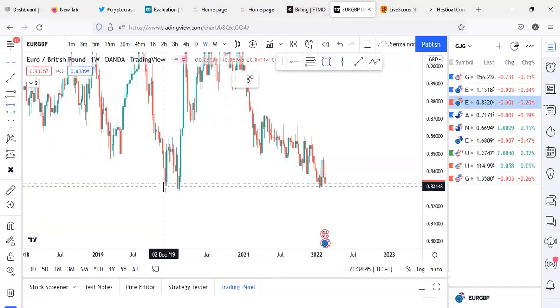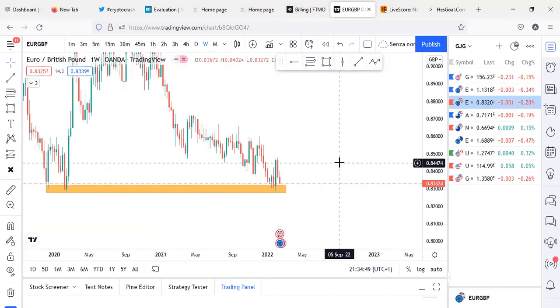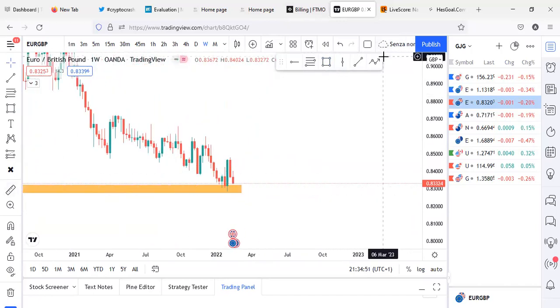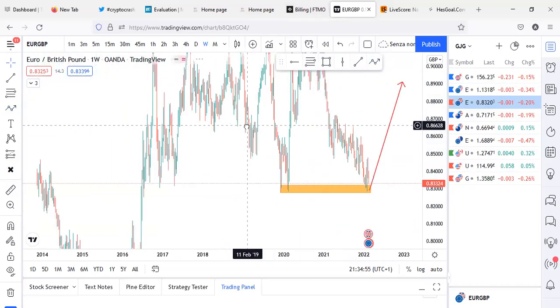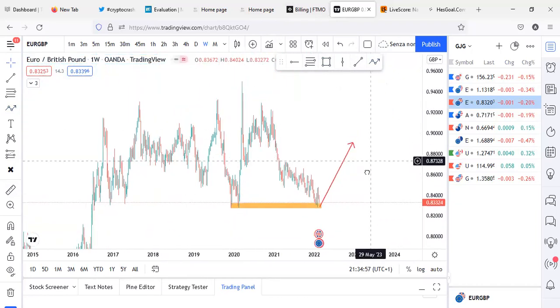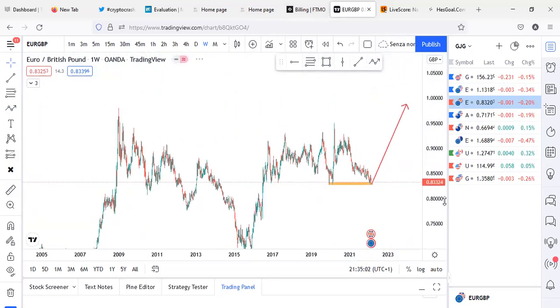Euro GPP, I'm going to keep myself for this trade. I'm seeing this happening, but this is too small.